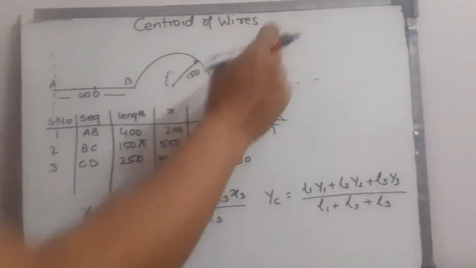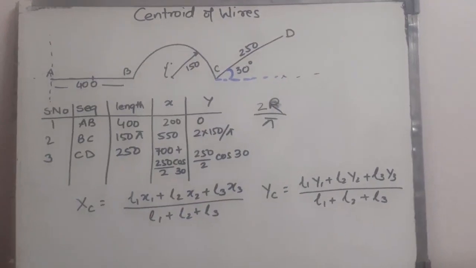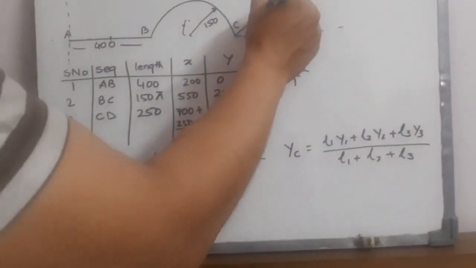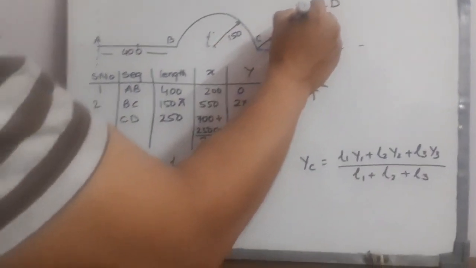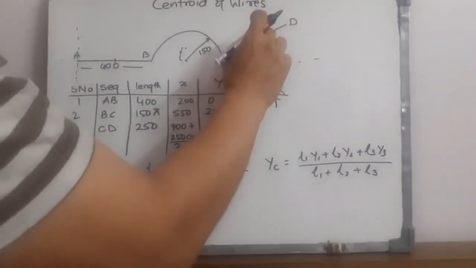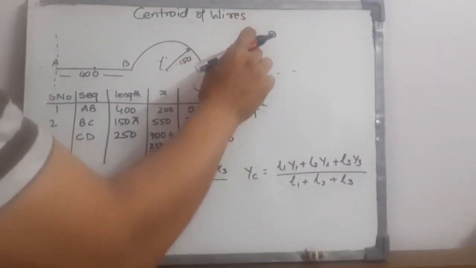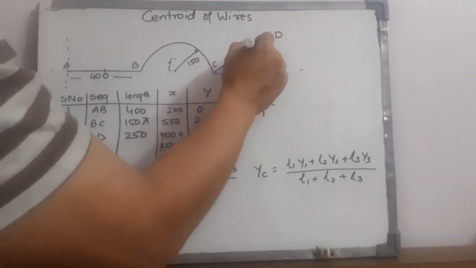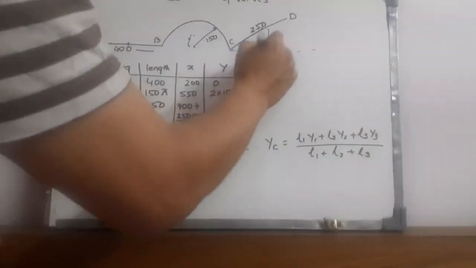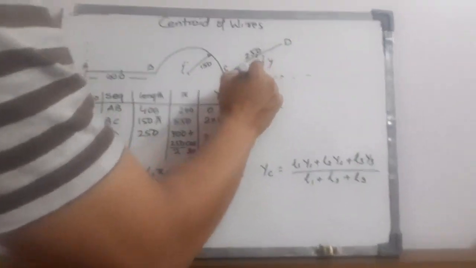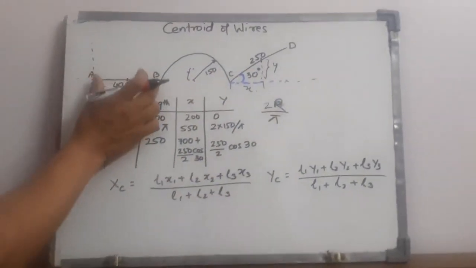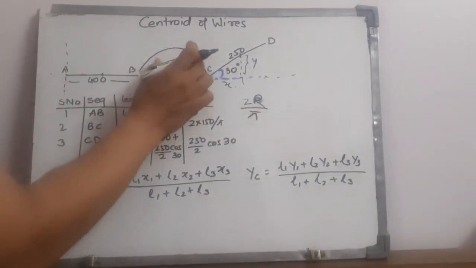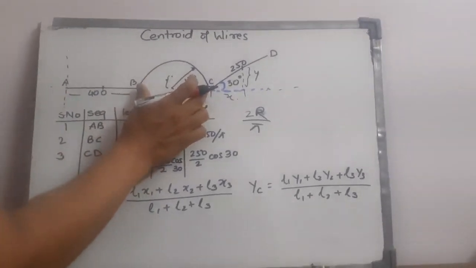Now CD, this is your third section. The value lies somewhere here, half of it. So it is 125, but it is inclined at a certain angle, 30 degrees. So you need to find out this distance for x, and this height is y, and this length is x. So if you calculate, this is 400 plus 150 into 2, this 150 is the radius, so 300 is the diameter.